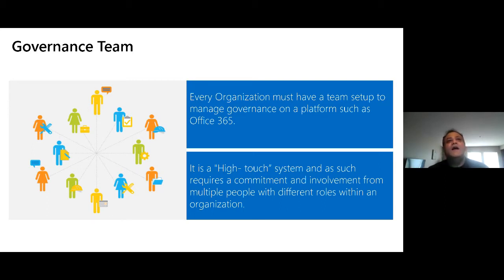If you look at Microsoft Teams itself, there is a chat capability, there is a calendaring capability, there is a file storage capability. So you have all these different aspects that you have to understand and define a governance plan to govern.